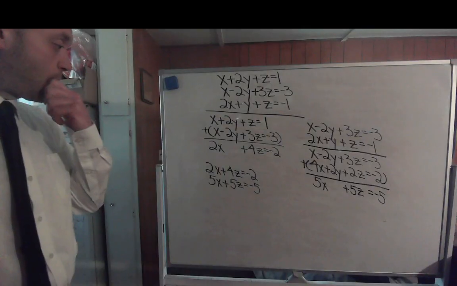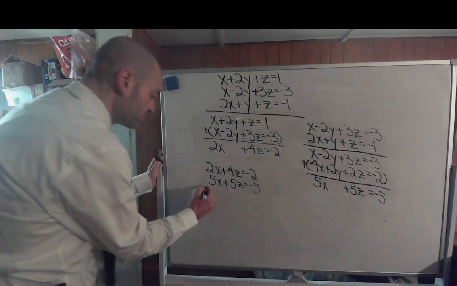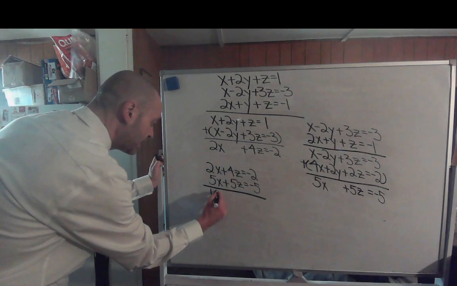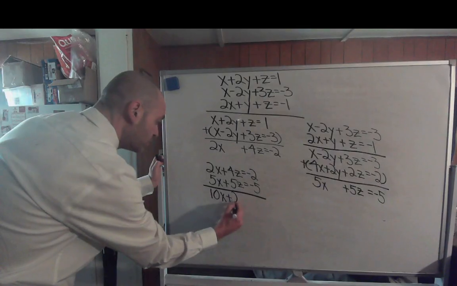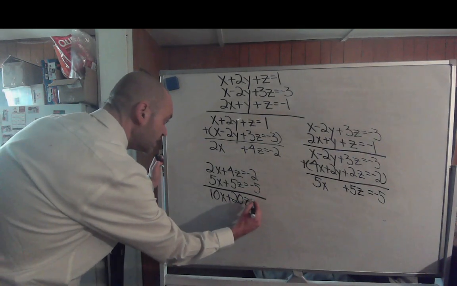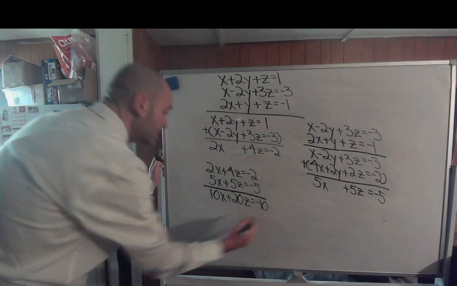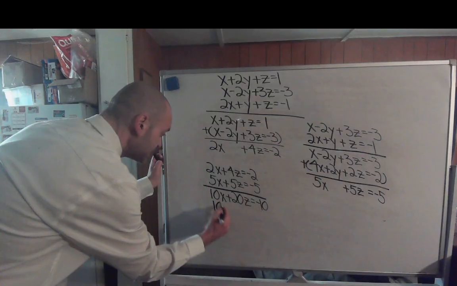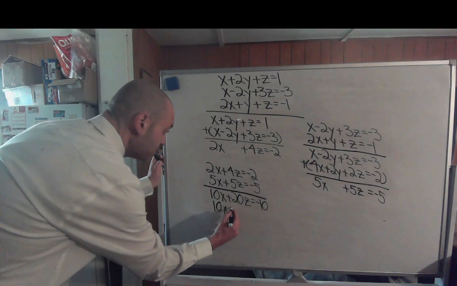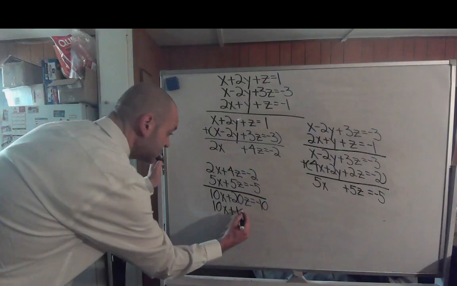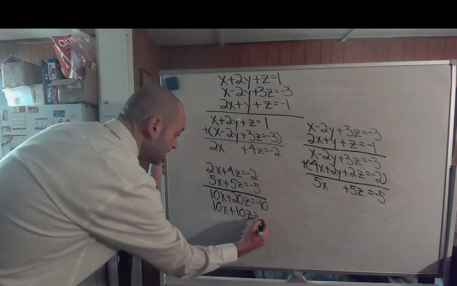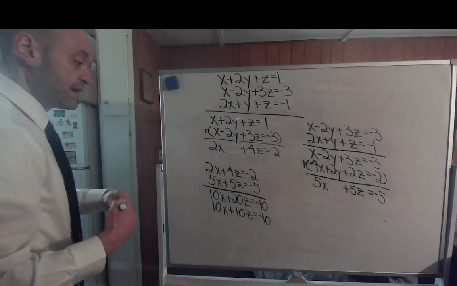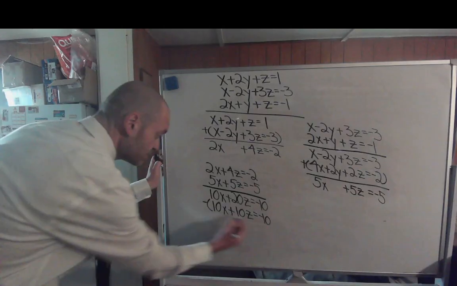So let's multiply the first equation by 5. You'll get 10x plus 20z equals negative 10. Then multiply the second equation by 2. You would also get 10x plus 10z equals negative 10.